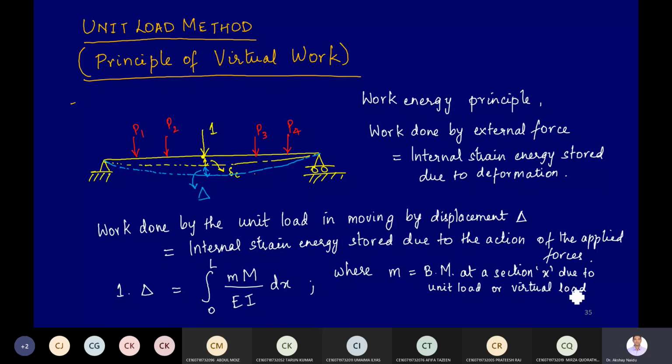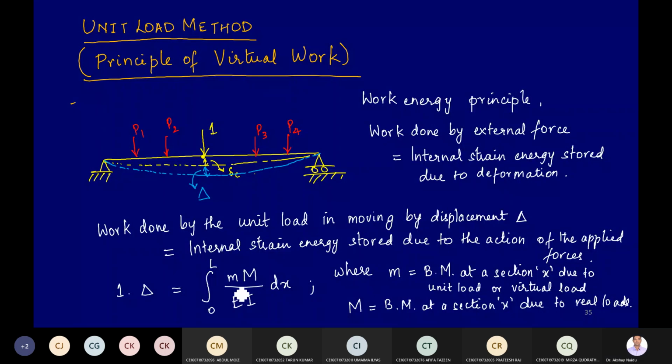Now this load can be a force, it can be a moment, and capital M is the bending moment at a section X due to real loads. So we just need to apply this particular equation: 1 into delta is equal to the integral from 0 to L of small m capital M by EI dx.